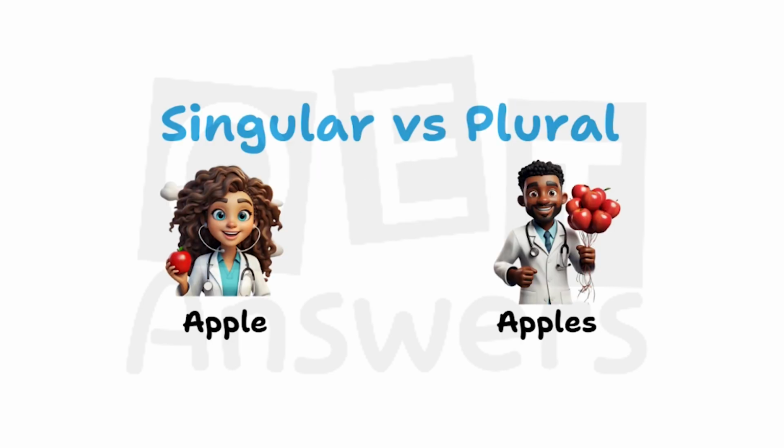Let's see about singular versus plural. This is quite common. When the count of a thing or an object is one, we call it singular. When it's more than one, we call it plural. So here, apple, and the plural is apples, right?